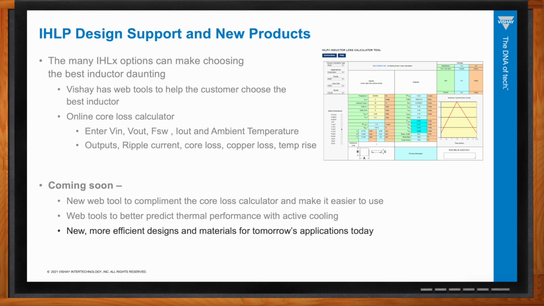And finally, we have a new lower loss material that's specifically designed for high ripple applications that you might see with the new gallium nitride circuits or the silicon carbide applications, where typically switching frequencies are around 150 kilohertz and there's a very, very high ripple.